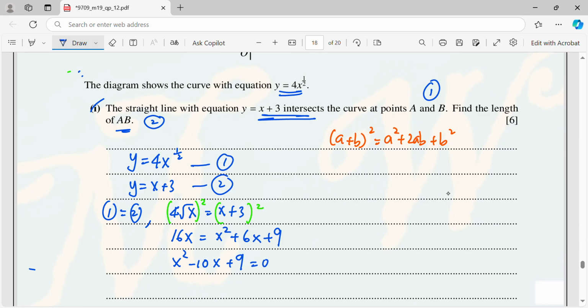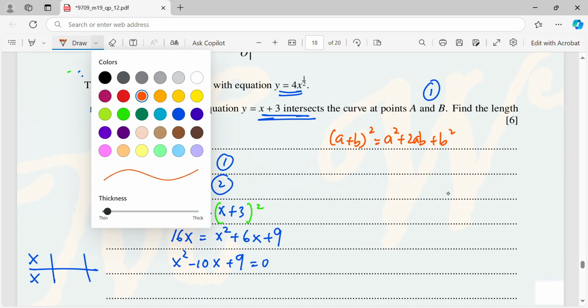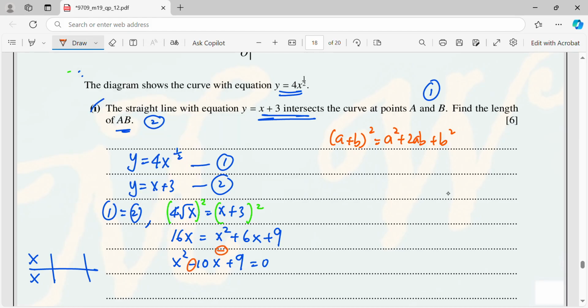This can be factorized into x times x, with 9 and minus 10. Minus times minus is a plus, so I will have both minus signs. Here 9 and 1, so this is minus 9x minus 1x. Therefore I get minus 10x in the middle, and then plus 9, then this is x squared.